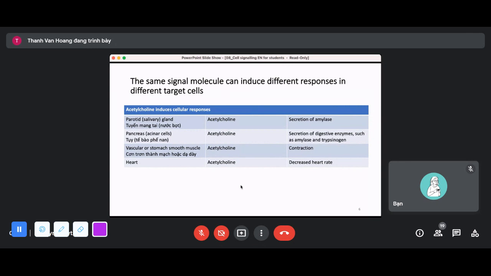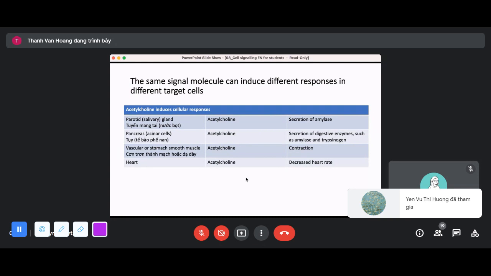And acetylcholine also makes our heart beat more slowly. It means that the blood flow is limited and less blood goes to the brain, so that's why we feel sleepy, right? So we can explain it with our cell biology and biochemistry.